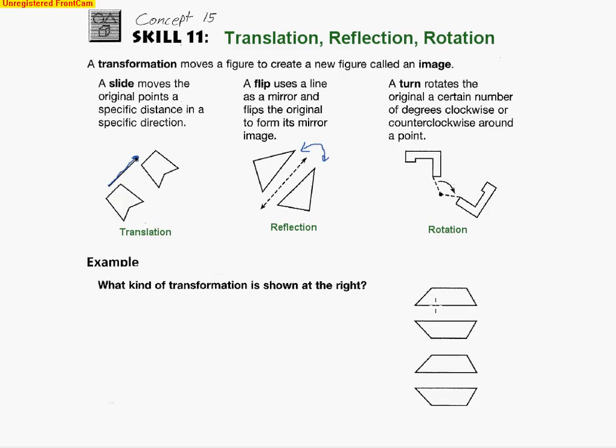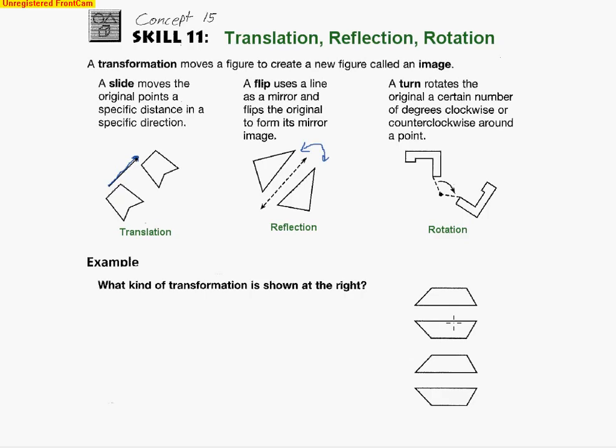Looking at this one, they want us to name what ended up happening here. These are the same images. Here's the image, and here it is over here. What we're trying to figure out is: did it translate, did it reflect, or did it rotate? What I do is look to see, does it slide? Does it move along a line? This one definitely doesn't, because it's not facing the same direction. This side is pointing down here, and here it's pointing up.